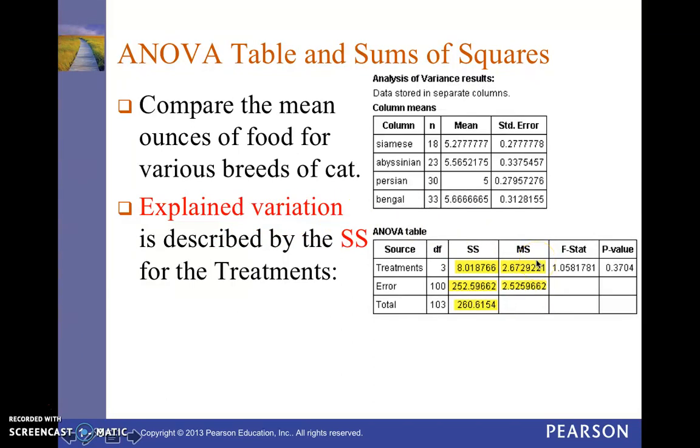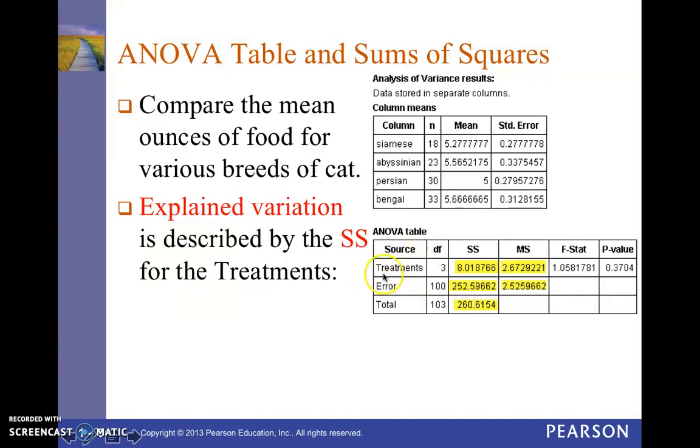One of the things that's unfortunate about this ANOVA table is that it's not consistent with what we just talked about. So sometimes this is going to be called the between, and this is going to be called the within. Hopefully you make that connection, because this really is telling us the amount of variance that is between groups, and this would be the amount of variance that is within groups.